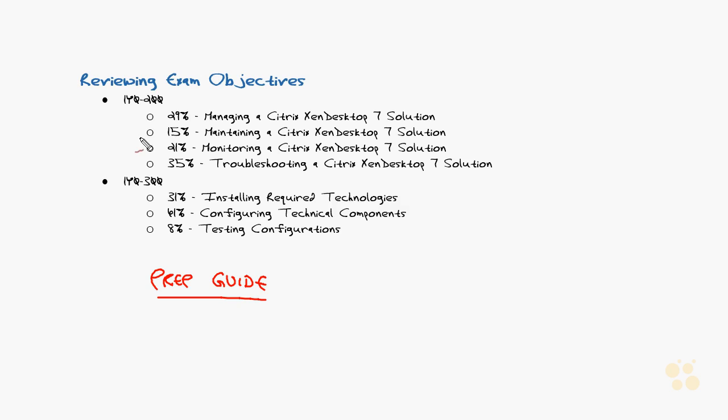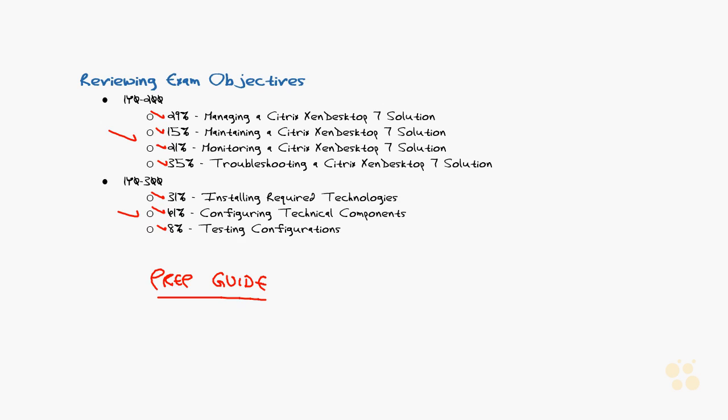I've copied just some of the objective percentages here for the 200 and 300. About 30% for managing that solution, 15% for maintaining, 21% for monitoring, and 35% for troubleshooting that XenDesktop 7 solution. So you can focus your studies on the types of actions that are most important to be successful with the exam. On the 300, about 1/3 is for installing the technology and just about 2/3 on configuring its technical components.